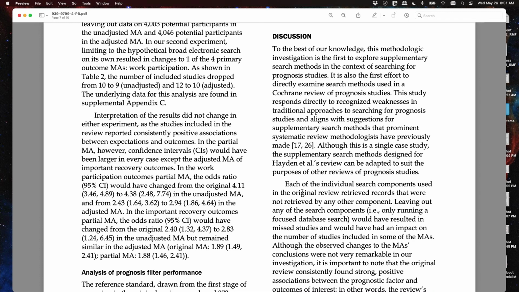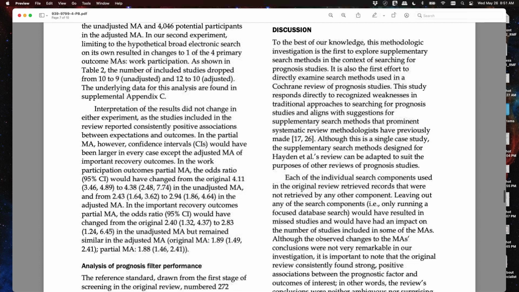Maybe just to point out some additional points they add here: their findings might suggest that it may be unreasonable for searchers to expect that a single ideal prognosis filter can be created that can be applied in all prognosis searching contexts. So that's an interesting point they make in their discussion.